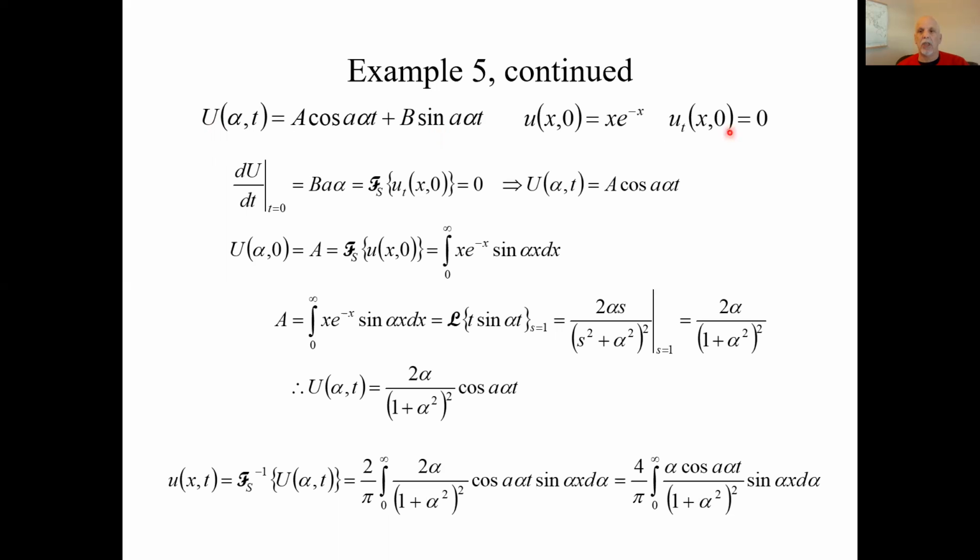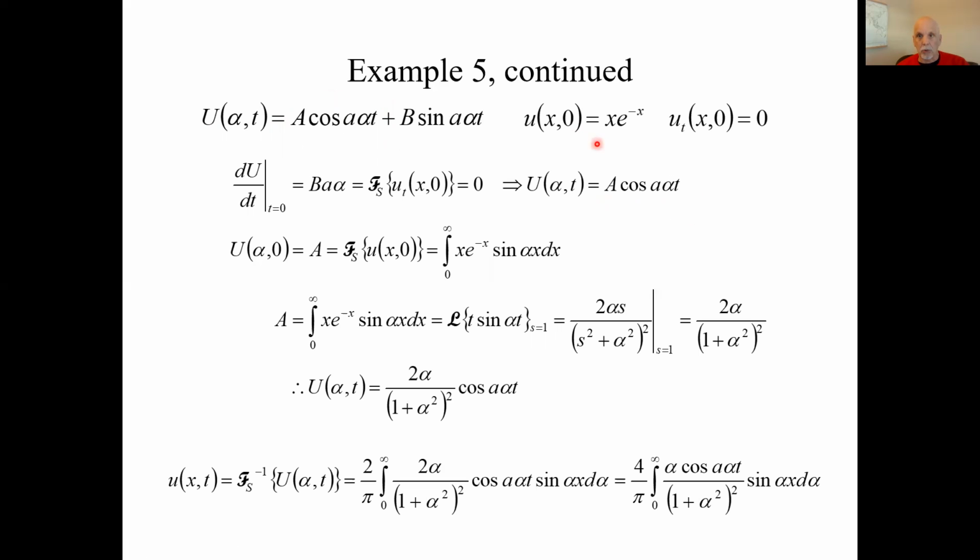So let's see, when t equals 0, this term is going to be a sine, so it will be 0. This one will be a alpha, and then it will have a cosine, so it will be 1. So B a alpha equals the Fourier transform of this, which is 0, which tells us that B is 0. So of all this, this is all we're left with. So that's what our big U is at this point.